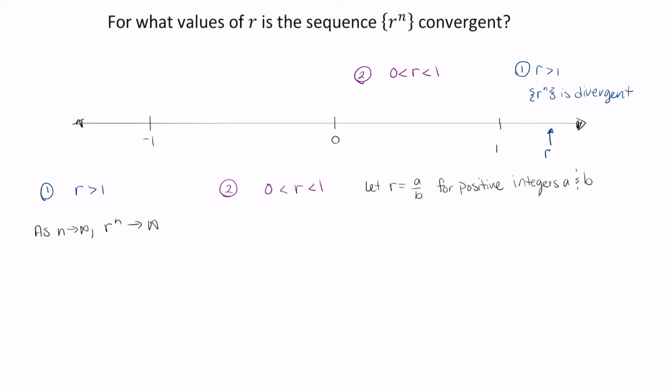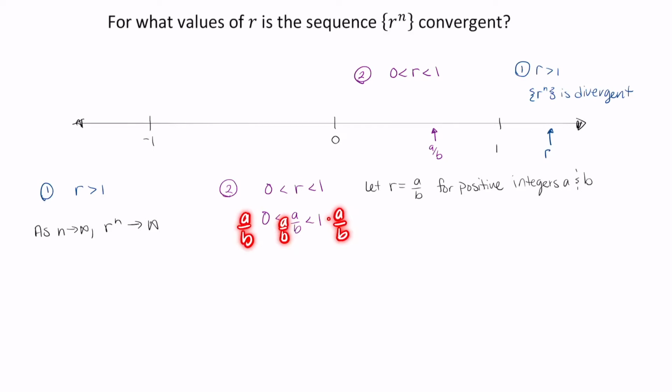Well, let's see what happens in this case. And I'm going to mark my number line again, and I'm just going to say, suppose a over b lives right there. That's where it is on the number line. Well, what happens in that case if I multiply this inequality by itself? That is, if I have 0 less than a over b less than 1, and I multiply each part of this inequality by a over b.